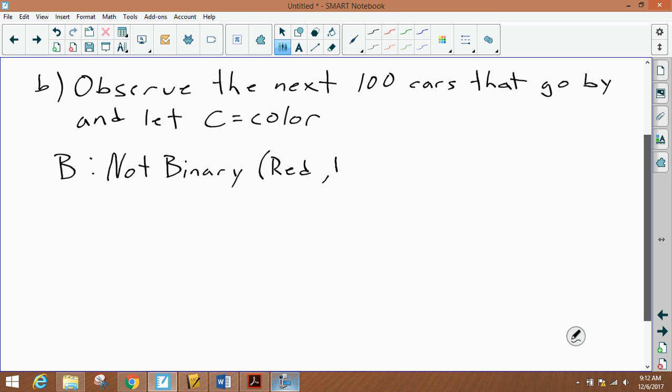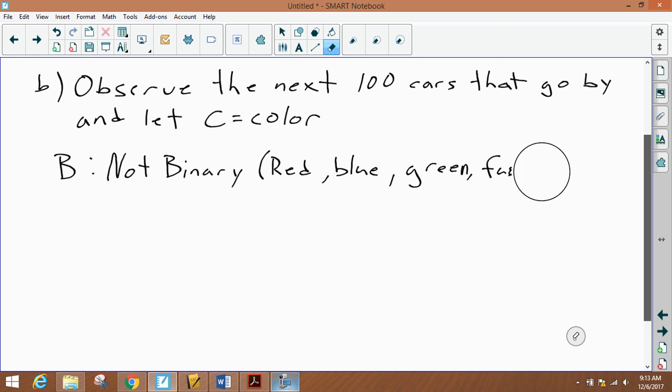Red, green, blue, green, green, silver, fuchsia, dark green, turquoise, taupe.